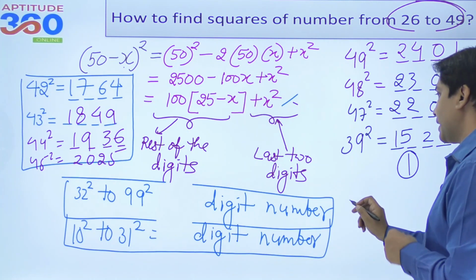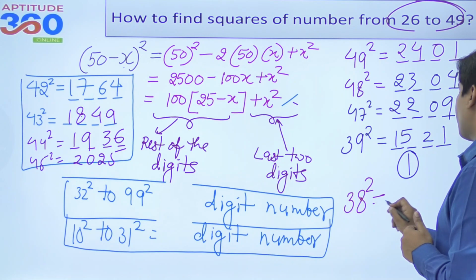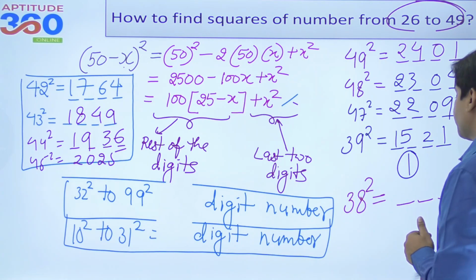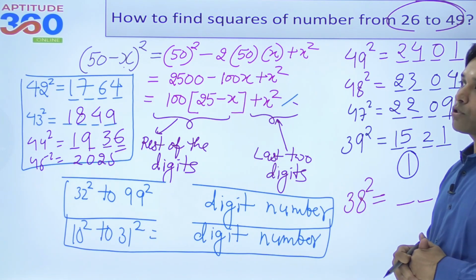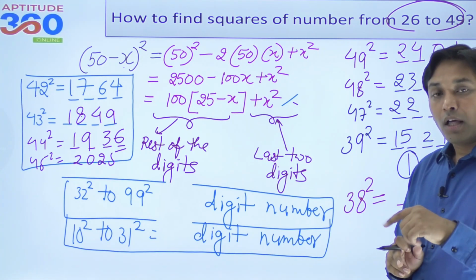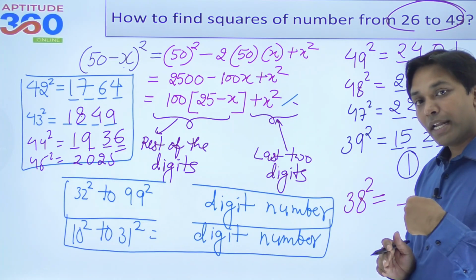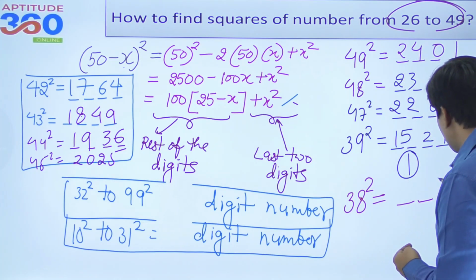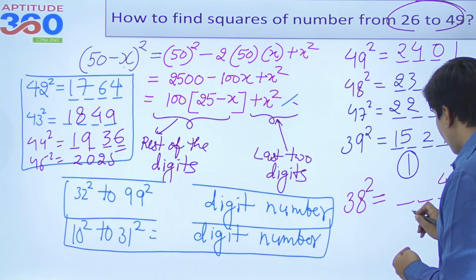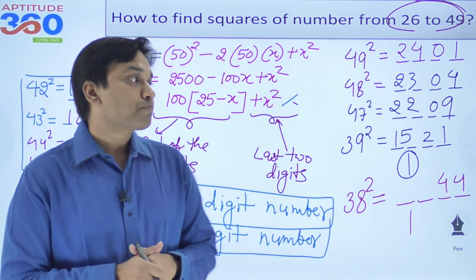Let's do 38 so that now I suppose you can do it. 38 square is going to be a 4-digit number. 38 is 12 less than 50. 12 square is 144. So this number is 44 and 1 will be written over here as a carry forward.